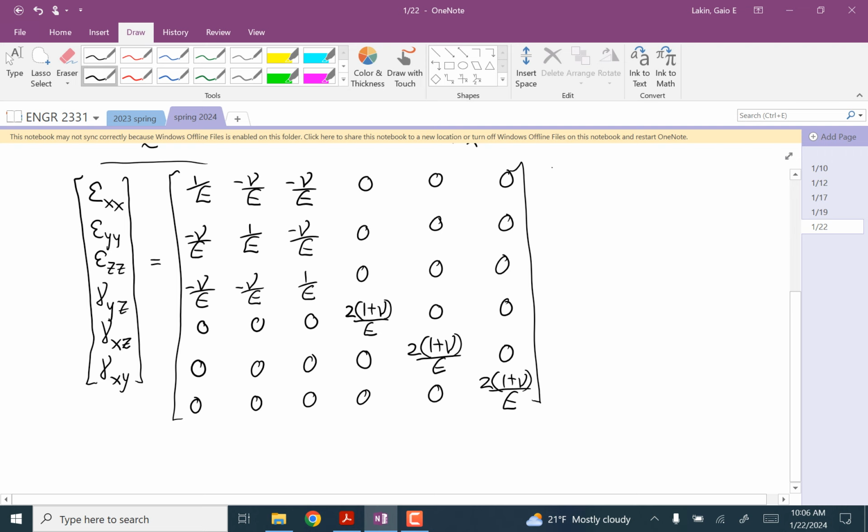And this is multiplied by stress XX, YY, ZZ, and then the shears, YZ, XZ, XY.